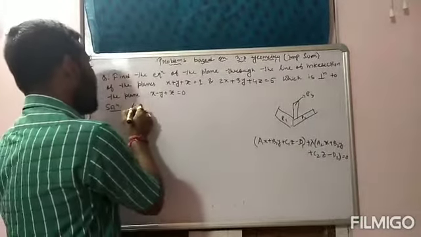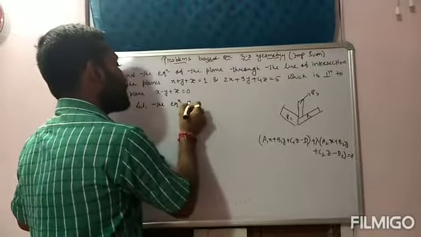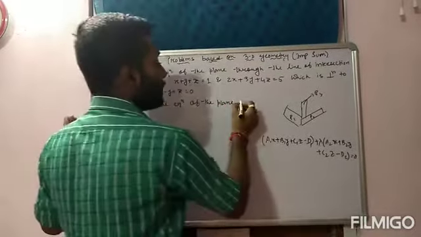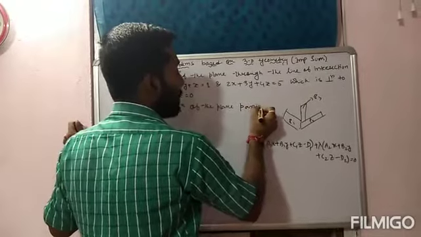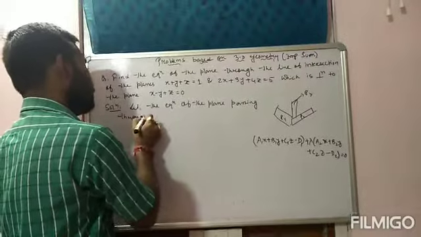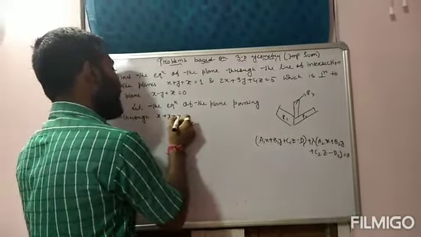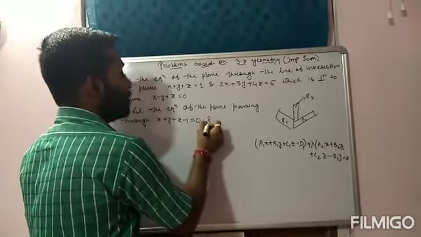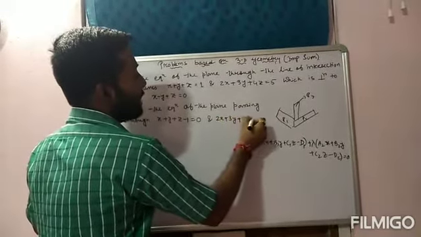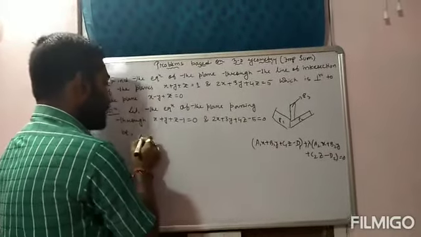Okay, so let the equation of the plane passing through x plus y plus z minus 1 equal to 0 and twice x plus 3y plus 4z minus 5 equal to 0 be, what is the formula?